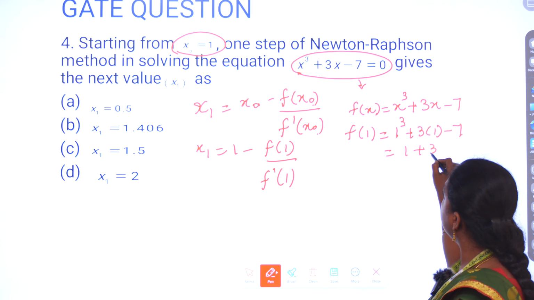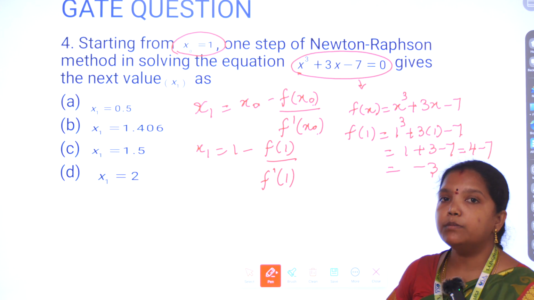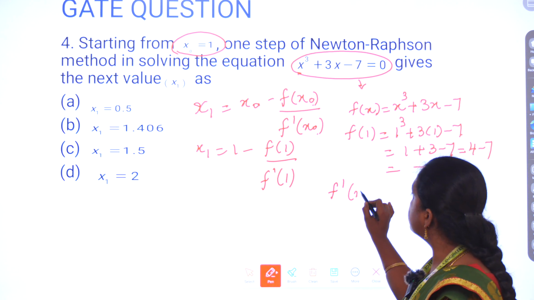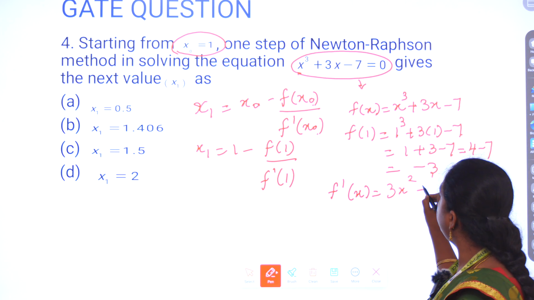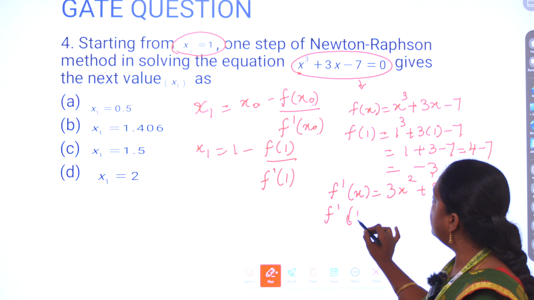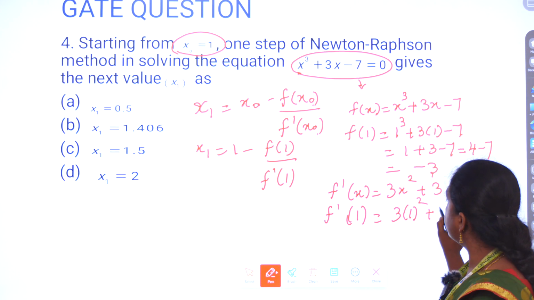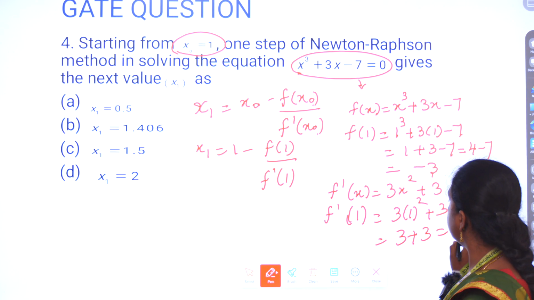So 1 plus 3 minus 7, that is 4 minus 7 equal to minus 3. Similarly, we need to know the derivative of this one. So f dash of x is nothing but 3x square plus 3. Substitute the x0 value over here. So 3 into 1 square plus 3, which is equal to 3 plus 3, which gives 6.